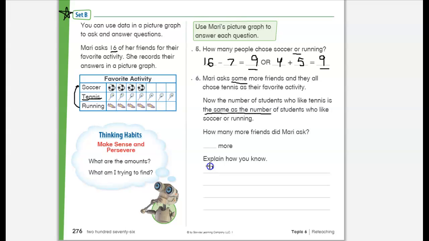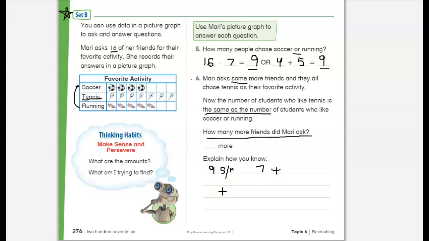So in our work down here, I'm going to write 9 and I'm going to put S/R just to remember that 9 picked soccer or running. And you can put a different note if you would like. And we know from our picture graph that 7 students chose tennis. So I'm going to write a T for tennis.